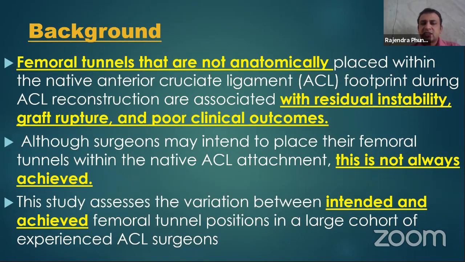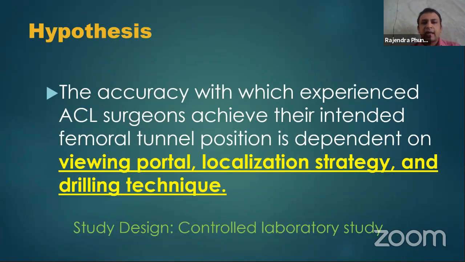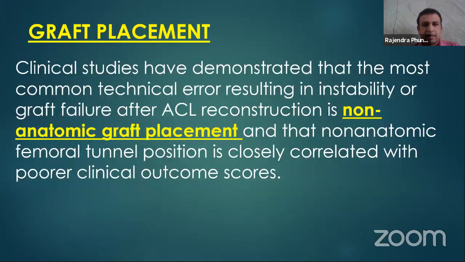So this study assesses the variation between the intended and achieved femoral tunnel placement in a large cohort of experienced ACL surgeons. So the hypothesis is the accuracy with which the experienced ACL surgeons achieve their intended femoral tunnel position is dependent on viewing portal, localization strategy, and drilling techniques. This is a controlled laboratory study.